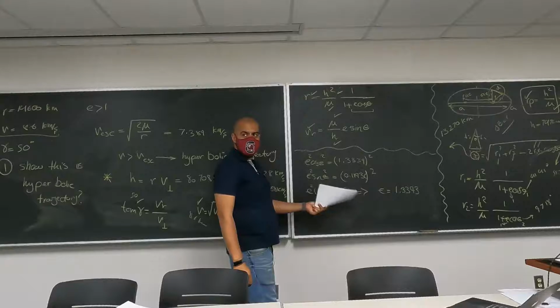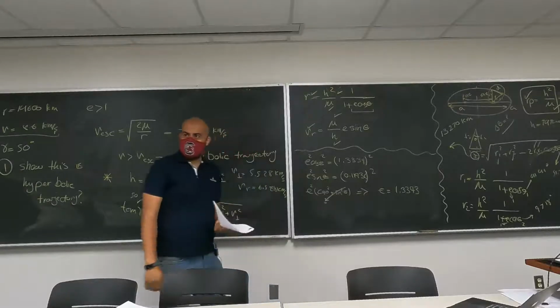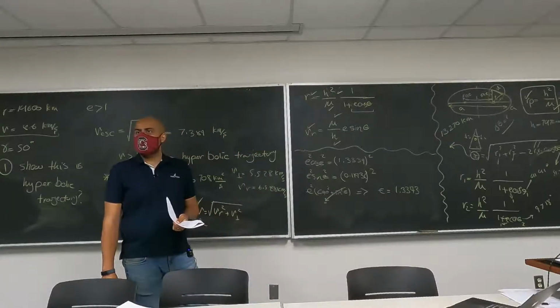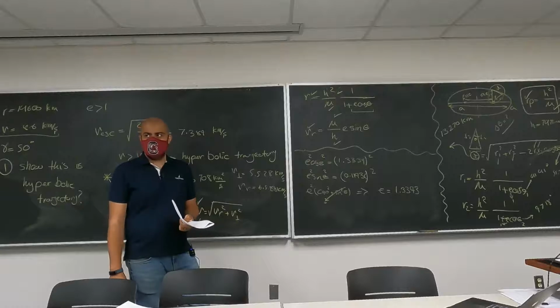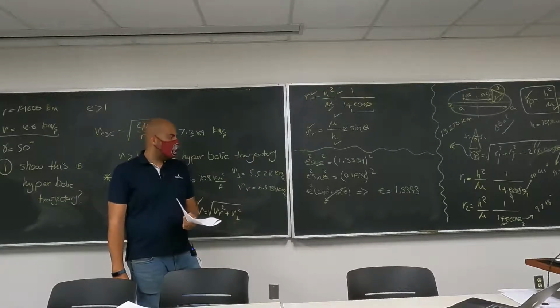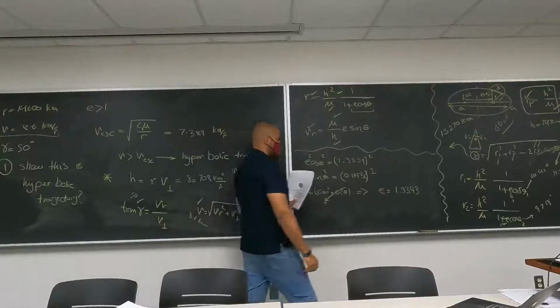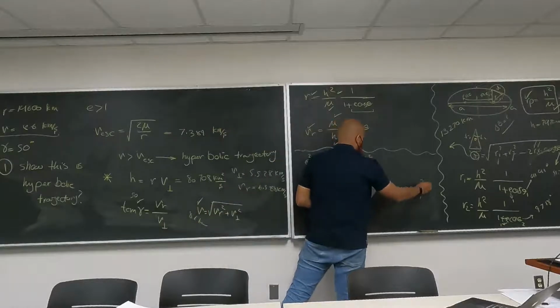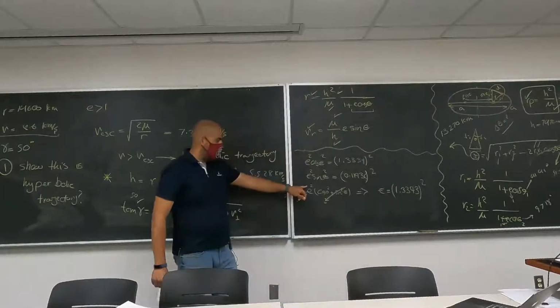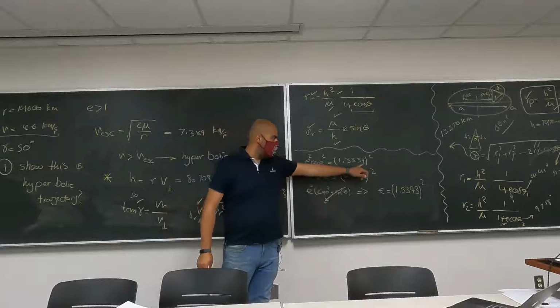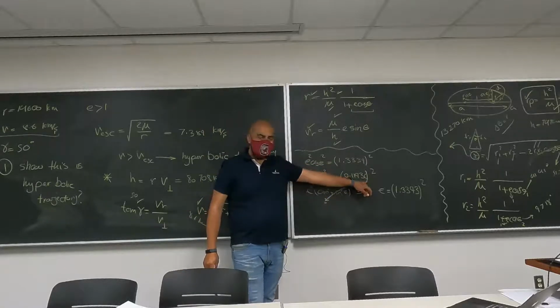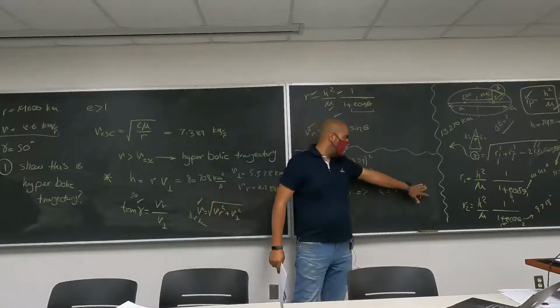Cosine squared plus sine squared is 1. And then it has to equal the sum of those two. Okay, got it. So you're saying that the square of 1.339 plus the square of 0.1193, square root of that, is 1.3393? This has to be squared as well, right? It will give you e squared is going to be this squared plus this squared, right? Well, what I've given you here is just the e.